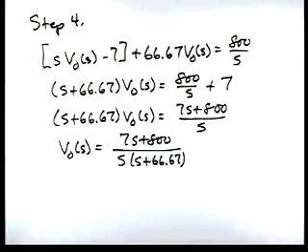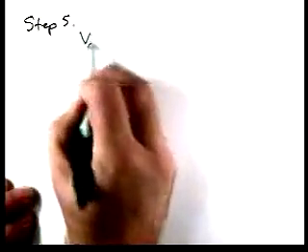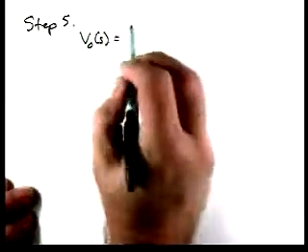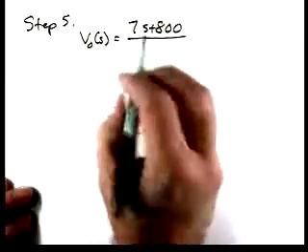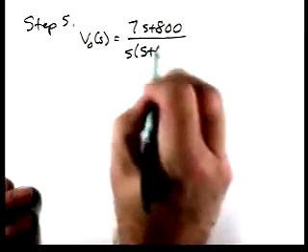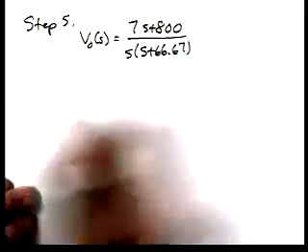Step 5 says perform the inverse transform to find the response. So for step 5, we have V0 of s is 7s plus 800 over s times s plus 66.67.